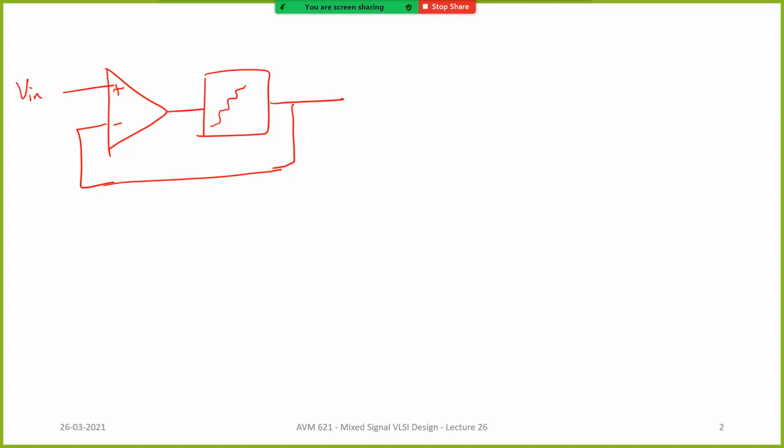Obviously, I hope you can see some problem with this circuit or system that I have drawn. What you have here is a quantized digital signal, and I'm comparing a digital signal with an analog signal. So obviously what is supposed to be included here is a small D2A.